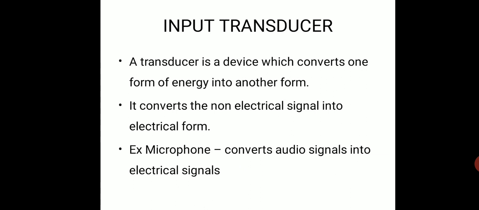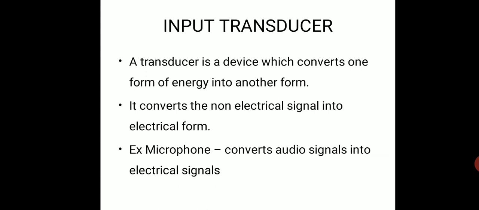So it converts the non-electrical signal into electrical form. We convert the human audio signal into an electrical signal with the help of a microphone. A microphone is a transducer. So here the electrical signal has the characteristics of a low frequency and low energy signal.